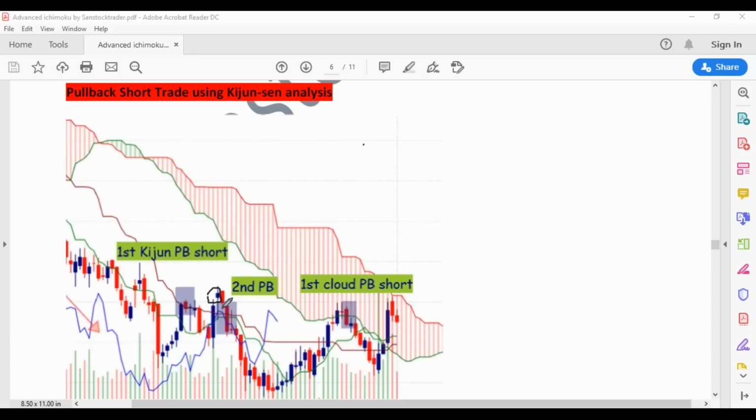That happened here, this red candle which touched the Kijun and closed below it. So below this candle low is our short entry. We will not blindly short at the Kijun level. We will wait for a confirmation that Kijun resistance is being respected, and see how nicely the stock has respected this entry.